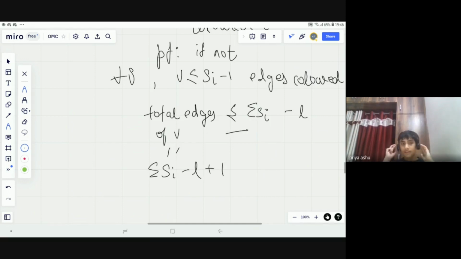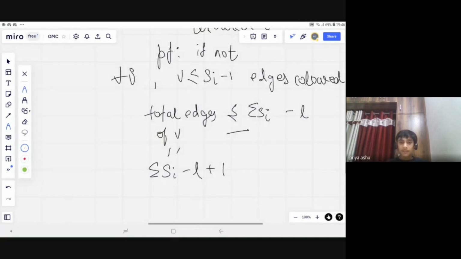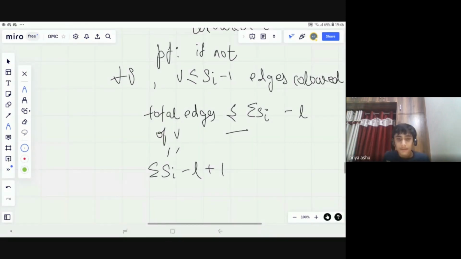This inequality is a contradiction. Is the proof of the claim clear? Any questions?